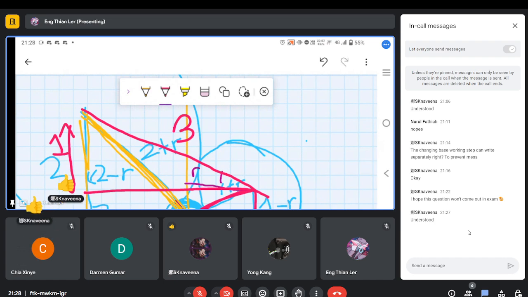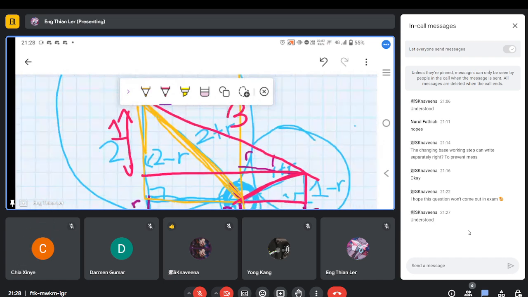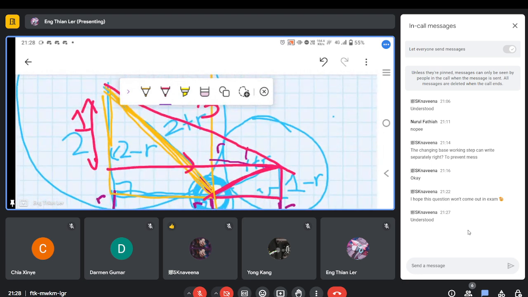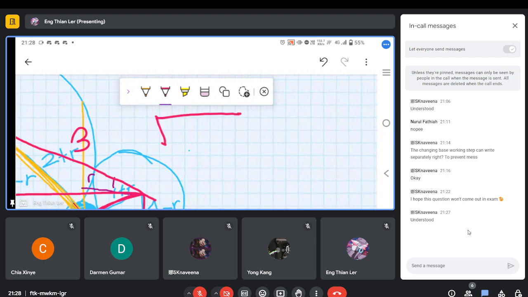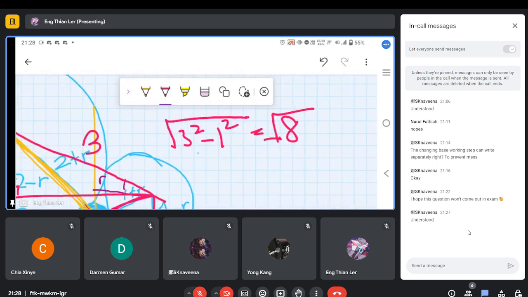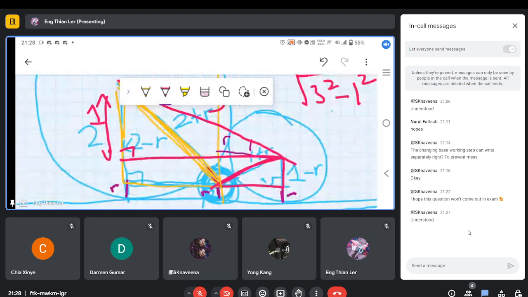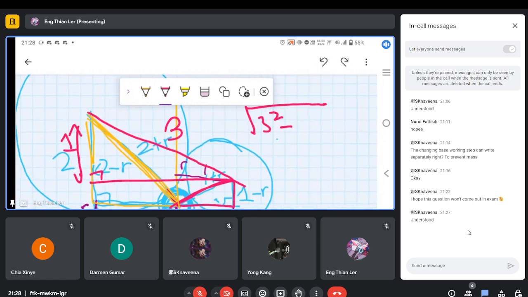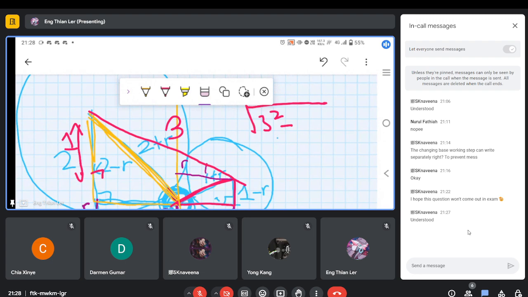This is 3. This is 1. And to find this, use the Pythagoras theorem. 3 squared minus 1 squared equals 9 minus 1 equals 8. Okay, so 8. Good. Now we know that this is root 8. I'm going to remove this red line also because it's getting really complicated.